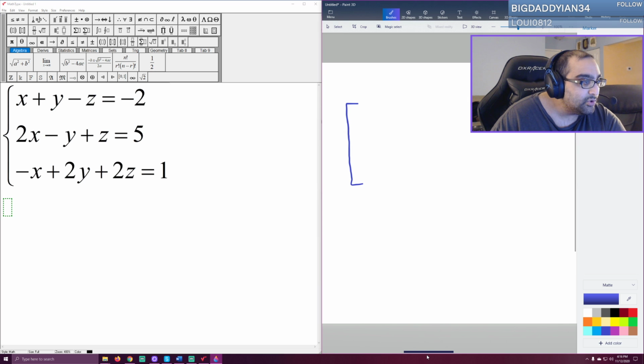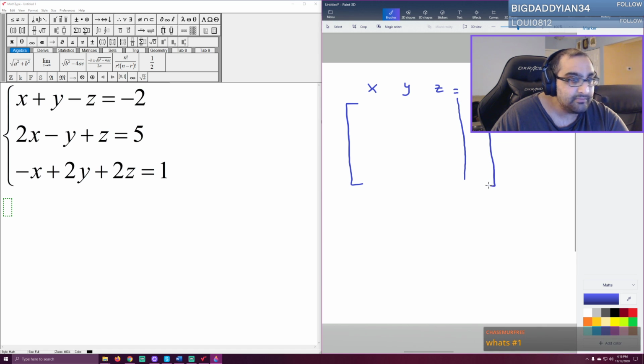Now, in order for us to make this matrix, we're going to have an X column, a Y column, and a Z column. I'm going to draw a little line here, and this is going to be our equals column on the right-hand side.